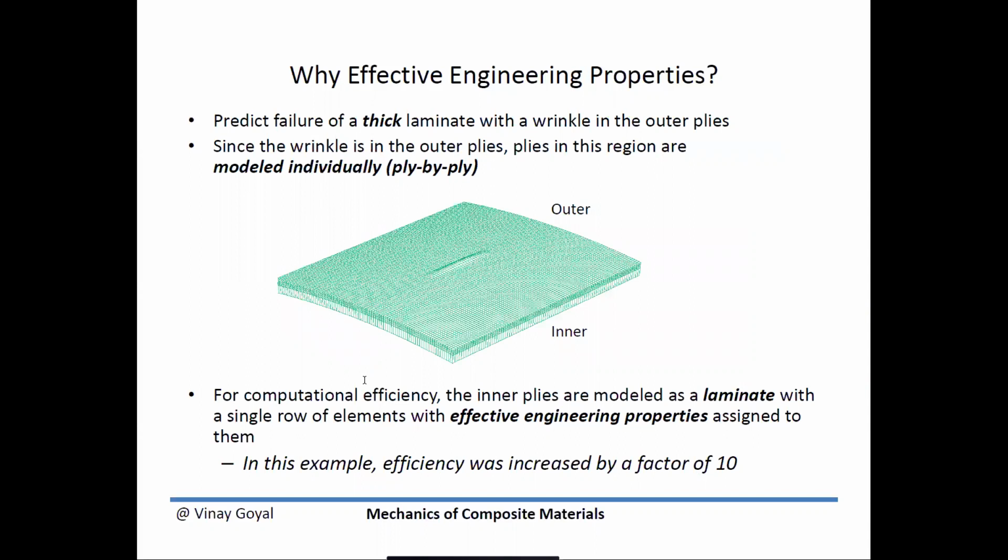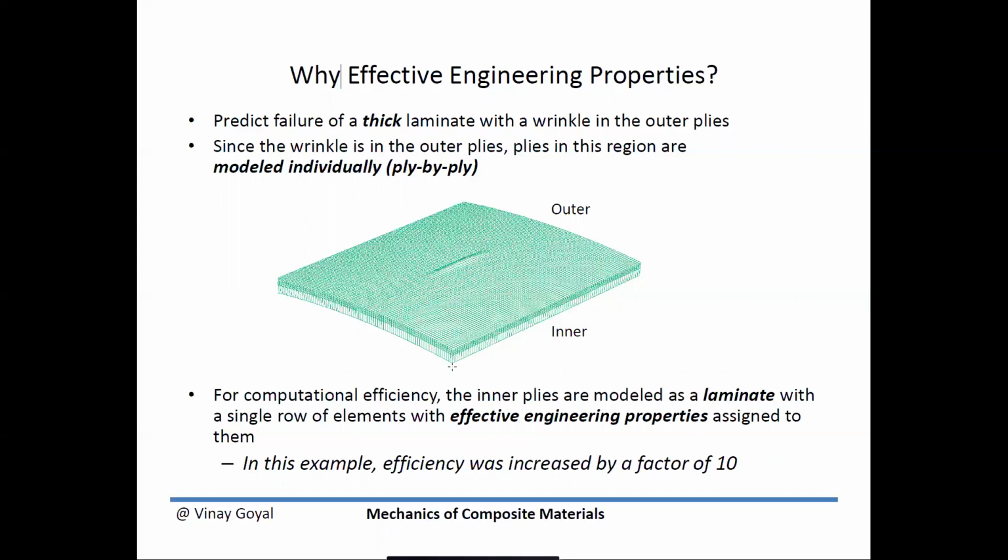Take another example. We want to predict failure of a very thick laminate with a wrinkle in the outer plies of a composite pressure vessel. Since the wrinkle is in the outer plies, you can model this area ply by ply, so every lamina is represented as a single row of elements.